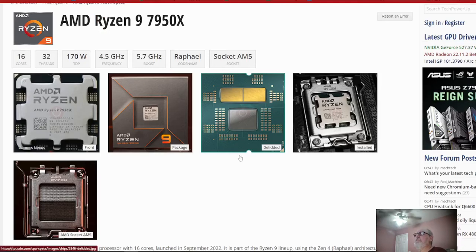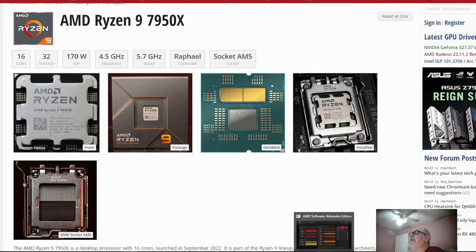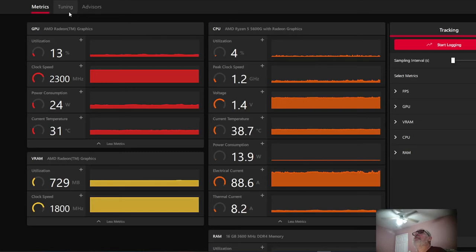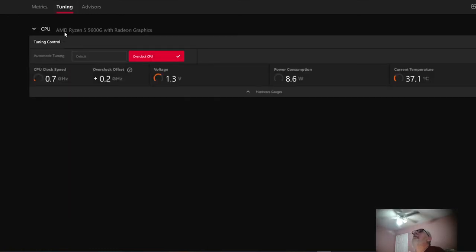But this comes to a but. Okay, and this is what's puzzling me a little bit, with me having the 5600, okay, look, it says right here, AMD Ryzen 5 5600G with Radeon graphics. I'm wondering if it's giving me a boost up here with the 5600G.